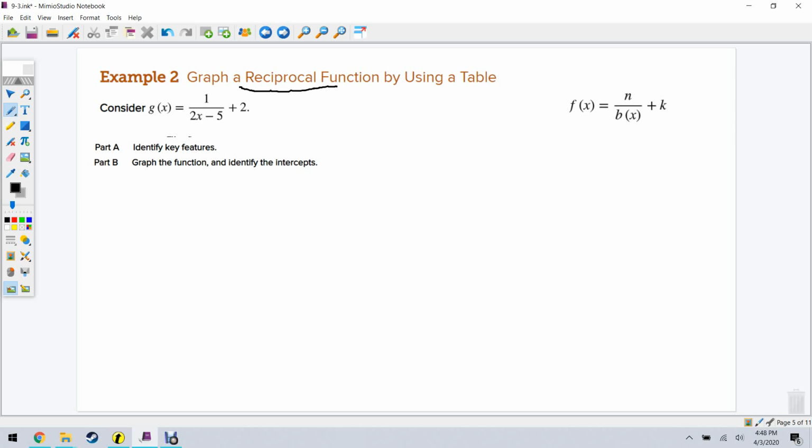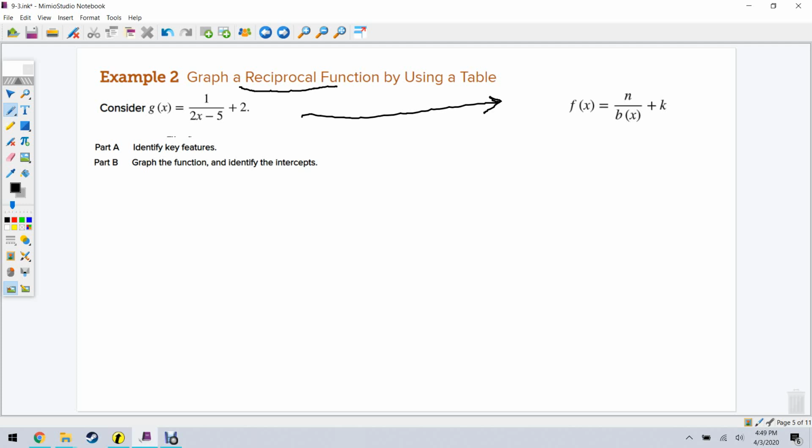It says graph the given function by finding the vertical asymptote, horizontal asymptote, x-intercept, y-intercept, and just graph it. Before we do that, identify key features. We mostly show the reciprocal function in this way: f of x is a number over b of x, which is the denominator, plus k.